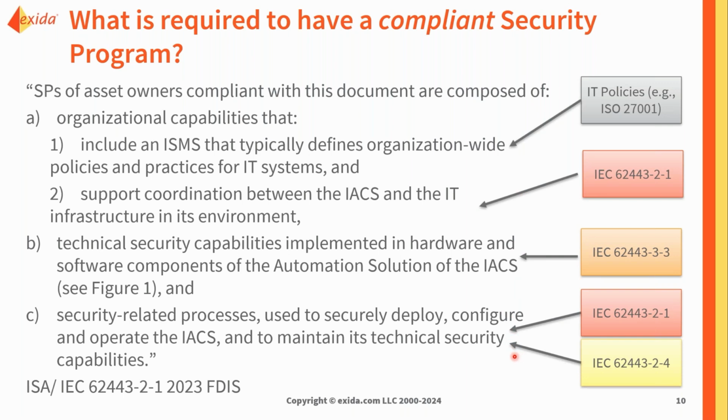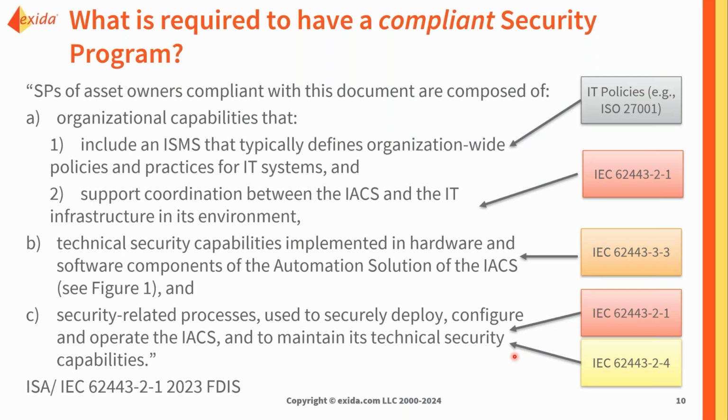And something that ISASecure is working on that we're starting to see a lot of interest in is the ACSSA program, which is the Automation Control System Site Assessment, which is looking at what it would look like if you actually wanted to go in and do either some sort of formal inspection or potentially a certification of a site to say, yes, this site is meeting the relevant aspects of ISA or IEC 62443.